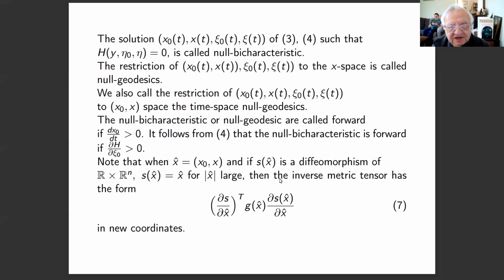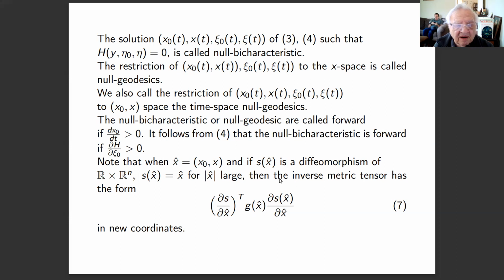Null geodesics or null bicharacteristics are called forward if the derivative in time is positive. It follows from the equation that a null bicharacteristic is forward if dH/dxi0 is positive.